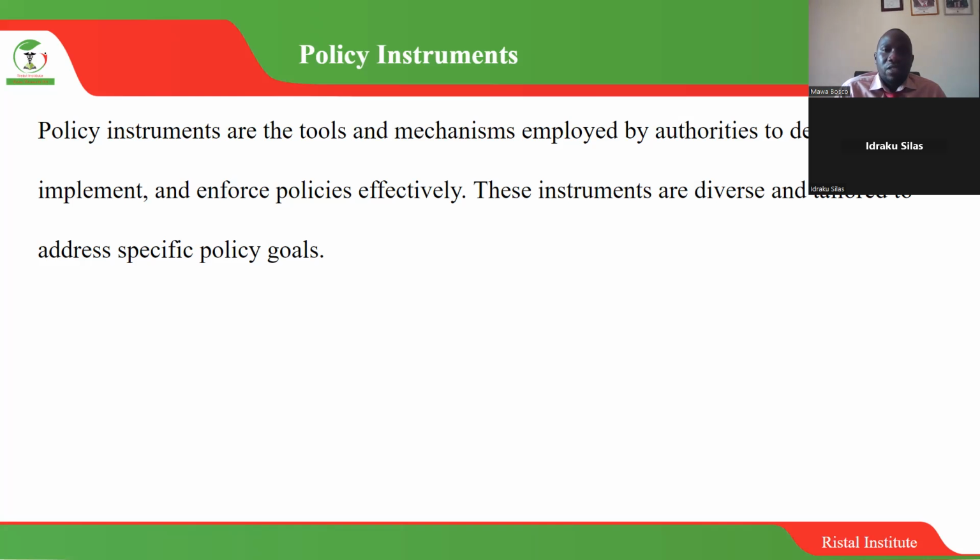Okay, so for example, if there is a problem of, let us say, teenage pregnancy, okay? Teenage pregnancy, the prevalence is extremely high. What can the government do to make sure that the problem is addressed? So what policy instrument can they use? So that's basically what we are referring to.